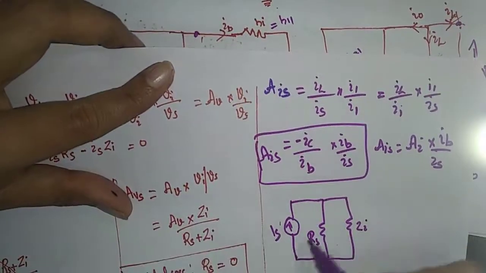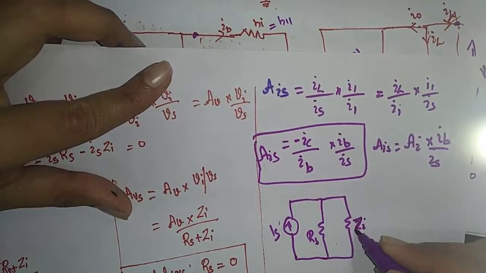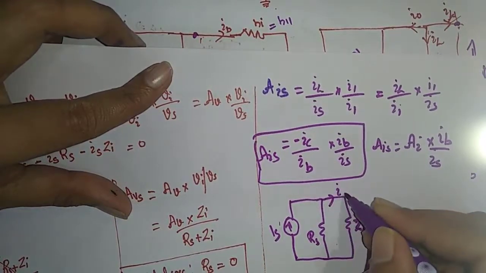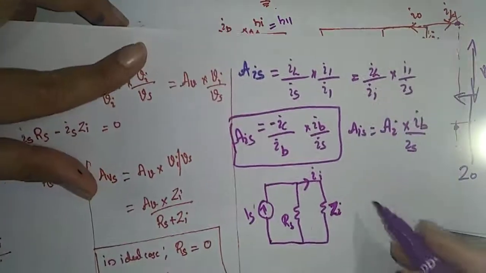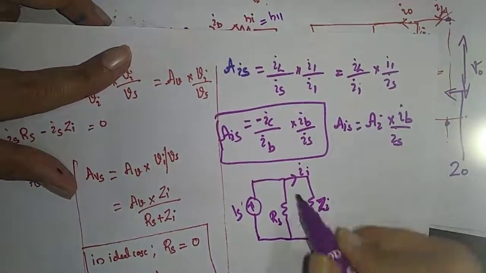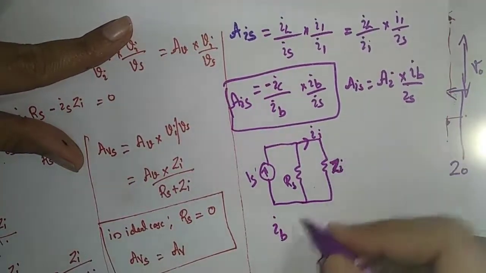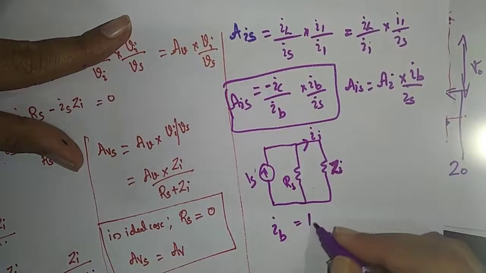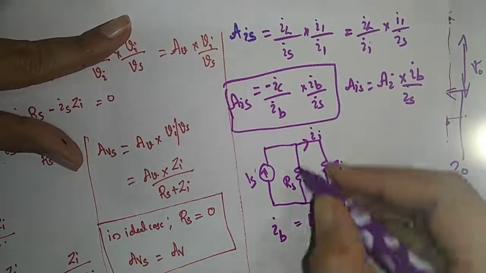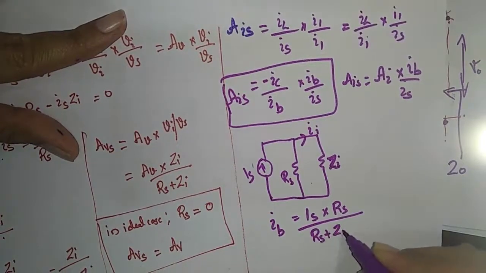That voltage source I have to convert into a current source for the current division rule. So sorry, this is my Zi, this is my input current Ii, and this is the Rs. So according to the current division rule, this current Ii or IB is equal to source current into the opposite resistance Rs divided by the sum of the resistances Rs plus Zi.